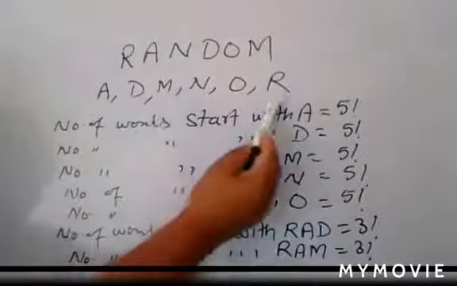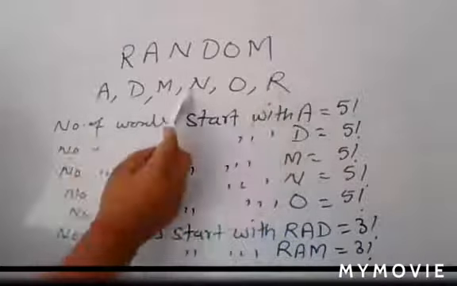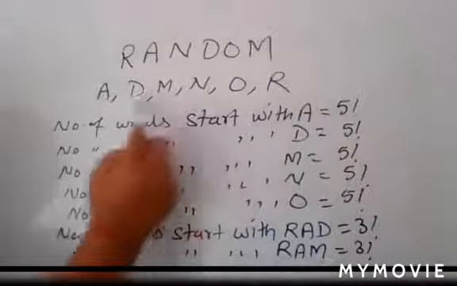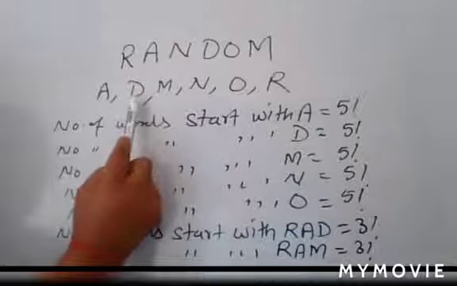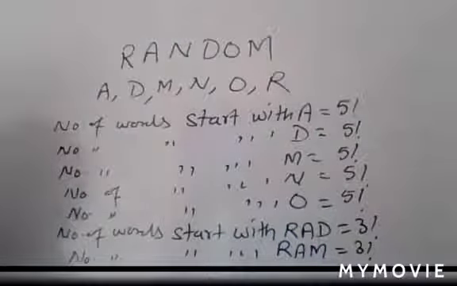Just see here, you can take R in alphabetical order. R, A, N means up to M you count the number of words. So your next word starts with R, A, N, and just write here D. Just see which number is there.